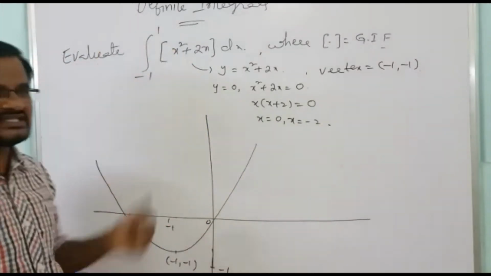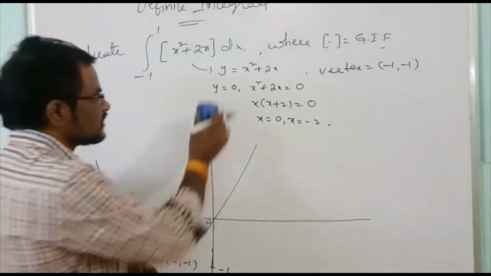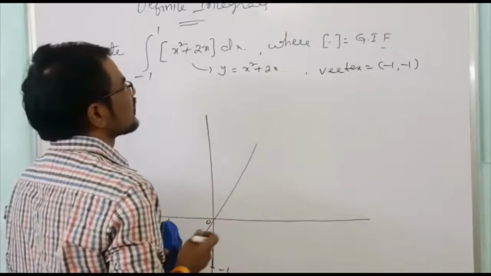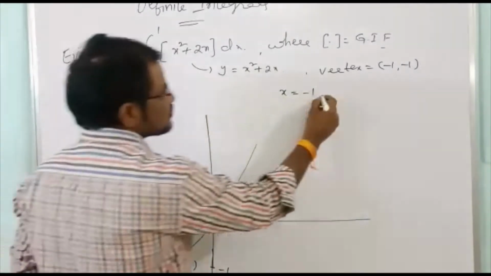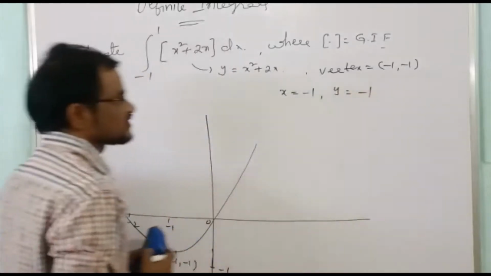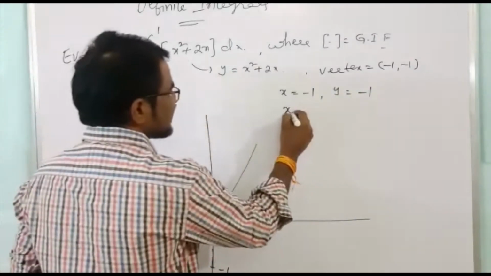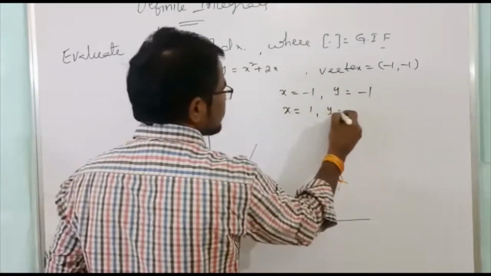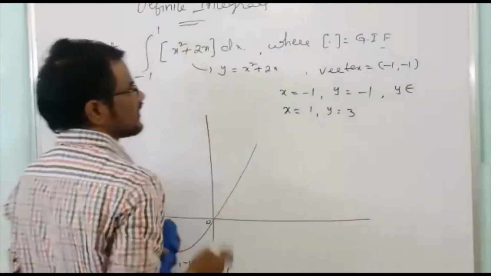According to this domain, means x values exist from minus 1 to plus 1. So for that, if you take x equal to minus 1, y equal to minus 1 you will get. If you take x equal to plus 1, y equal to 3. So clearly here x belongs to minus 1 to 1.